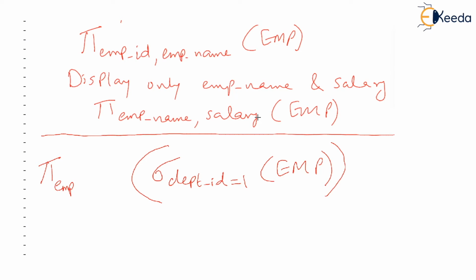So what we are doing is that this inner bracket will be solved first and it will give us only those employees whose department ID is 1.